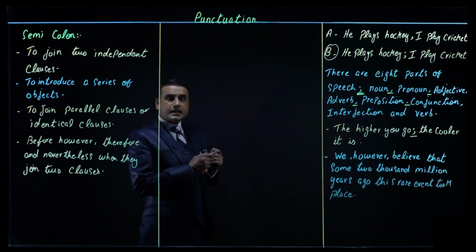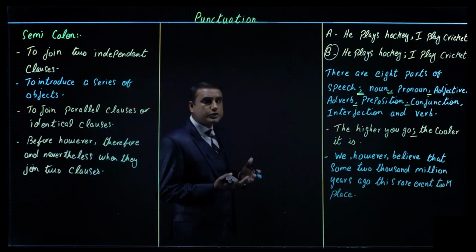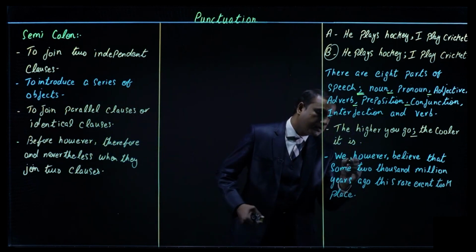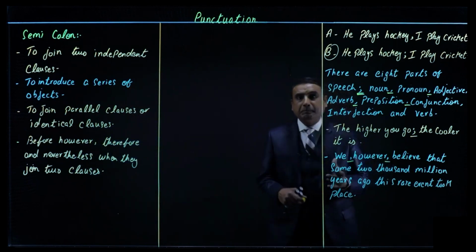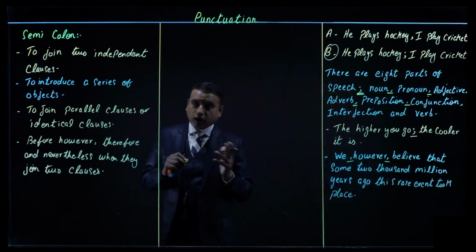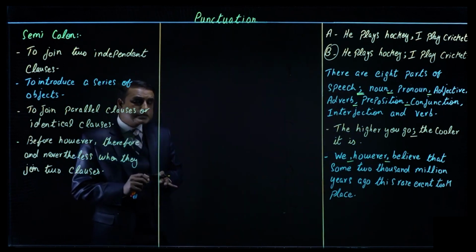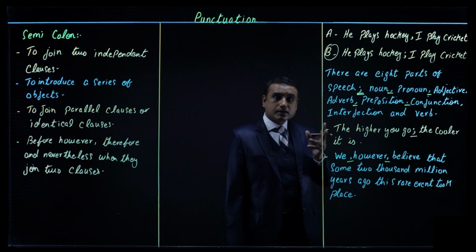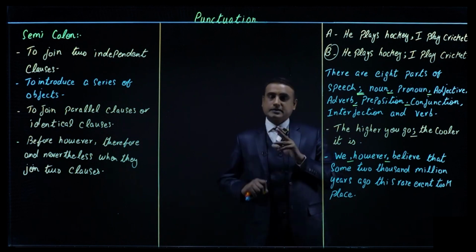Now here you can see that however is not joining two different clauses. That is why it is separated by the commas on both sides. We are not using semicolon. But if it is joining two different clauses, then it will take semicolon.